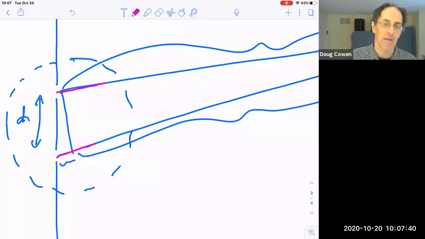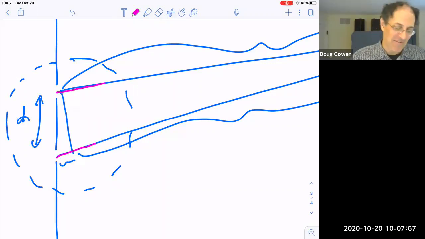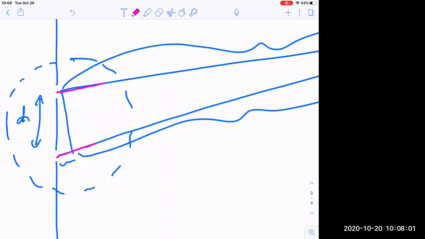But they're, strictly speaking, not parallel. By that? Yeah. Is it just that when you zoom in so close, they look to be parallel?